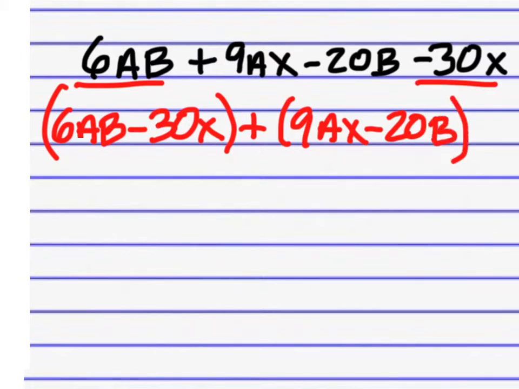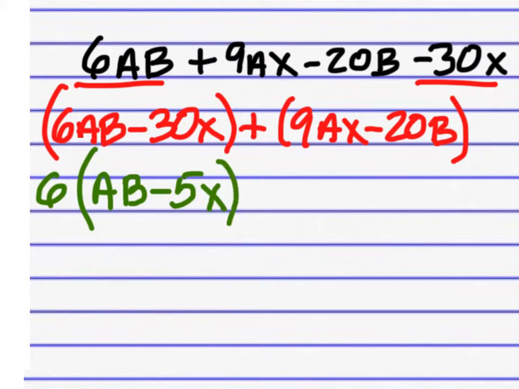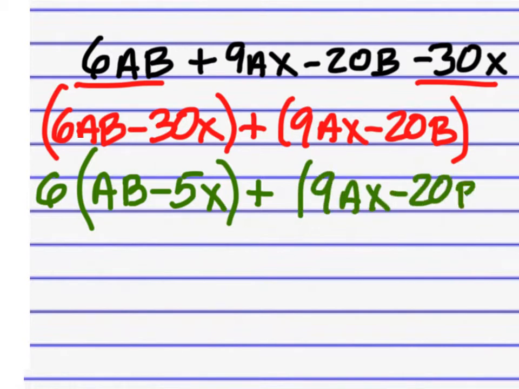Okay, well, if I take out a 6 from this first one, I'm left with ab minus 5x. And over here, I don't have anything that I can take out of both. So did this work out? No.